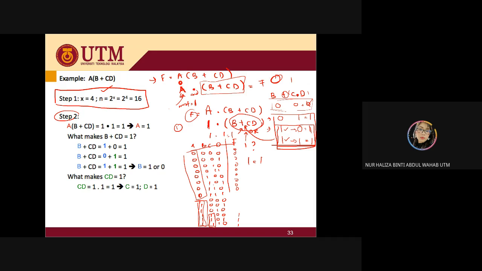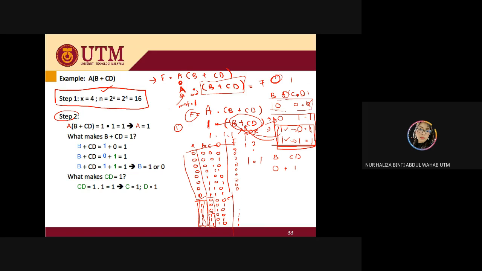It only refers to A is 1, okay? Because the rest is already 0. Next, for this scenario, you have B as 0 and also you want to have 1 for your CD. These 3 scenarios.